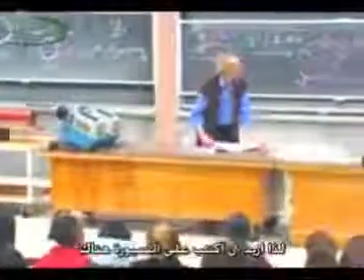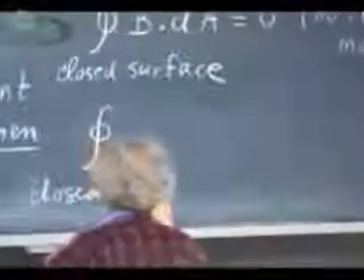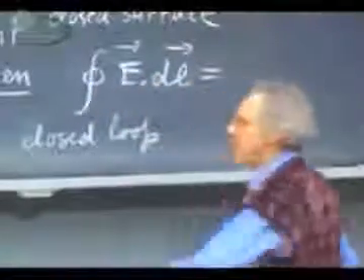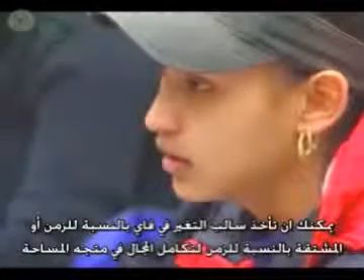So I want to write down now on that blackboard there Faraday's law in a somewhat abbreviated way, because we have all Maxwell's equations here. And so we now have that the closed loop integral of E dot dl, that's that induced EMF, equals minus d phi dt, or minus the time derivative of the integral of B dot dA.